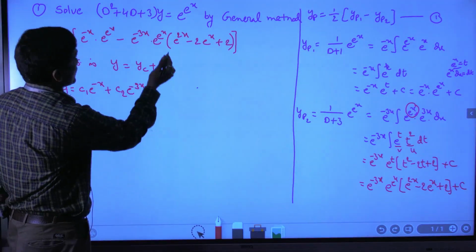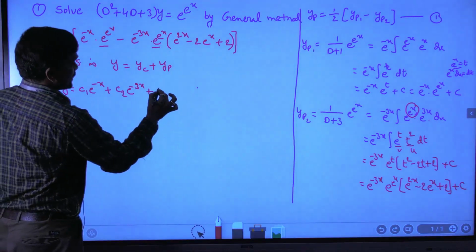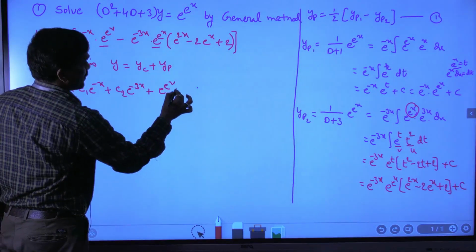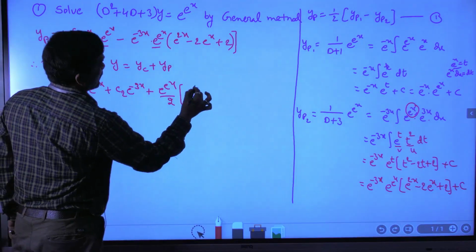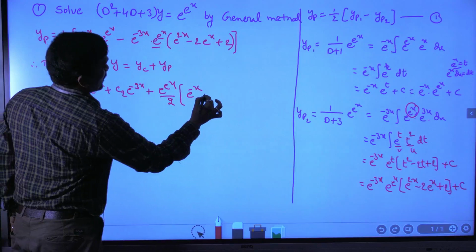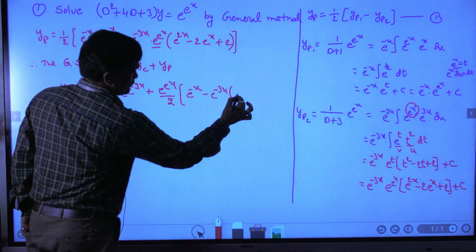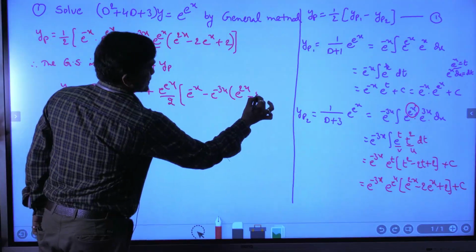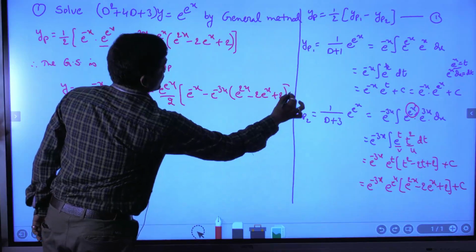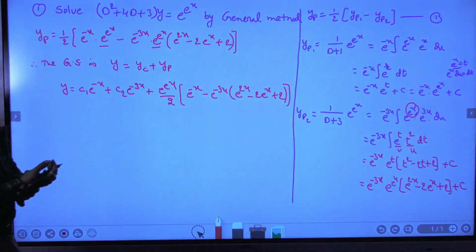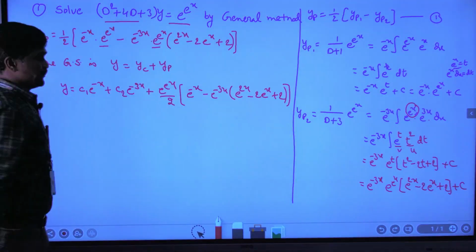In yp, e^x is common, so I write e^x by 2 into (e^(-x) minus e^(-3x) into (e^(2x) minus 2e^x plus 2)). This is our solution for this differential equation.